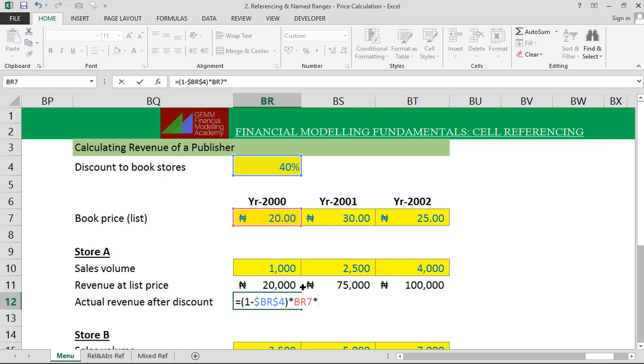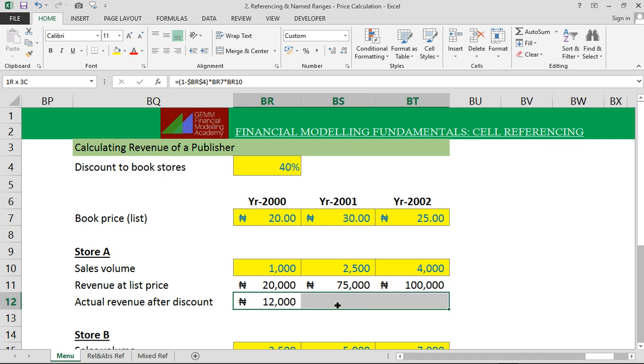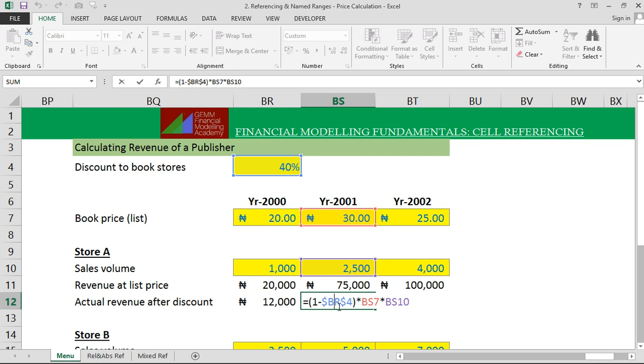So multiply this with the volume as well. So we are showing an absolute reference for this discount, and we are saying multiply with the price, then the volume, and so you have this. And when we copy it across, you see this, you have this.